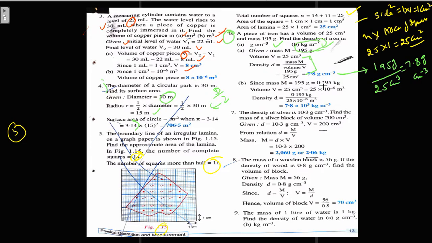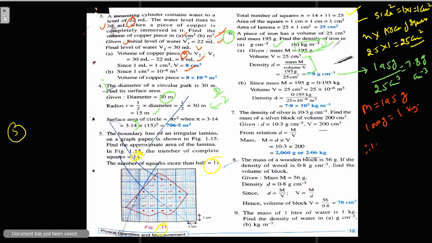For kilogram per meter cube, we have the mass as 195 gram. We will convert it into kilogram, right? 1000 gram is equal to 1 kilogram.